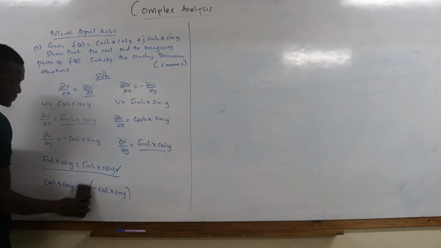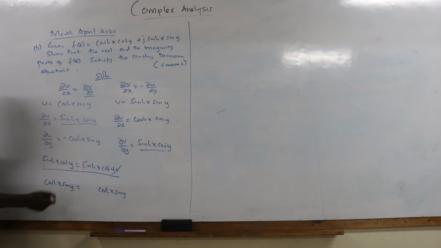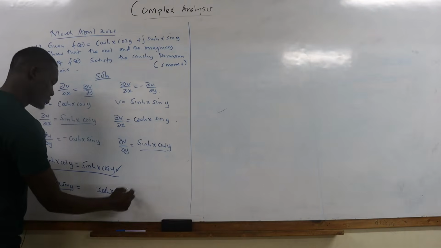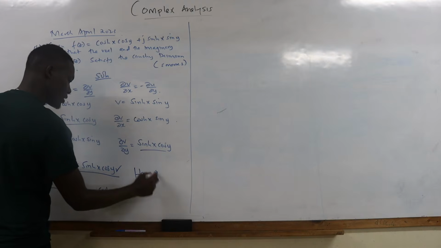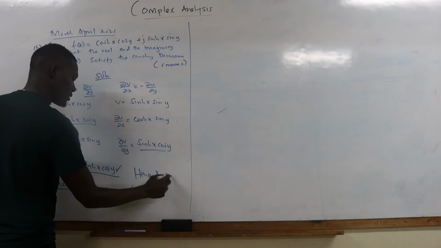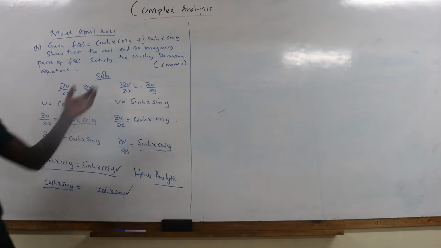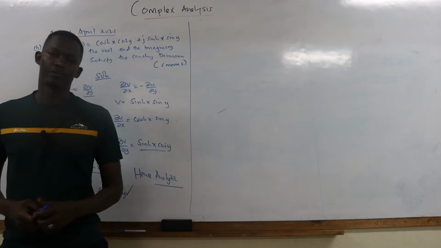So therefore this one is cos x sine y, cos x sine y, and the two are the same. So you just say, hence analytic. And that is as simple as that, and you have yourself some good 5 marks.